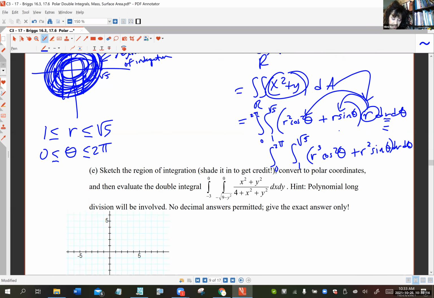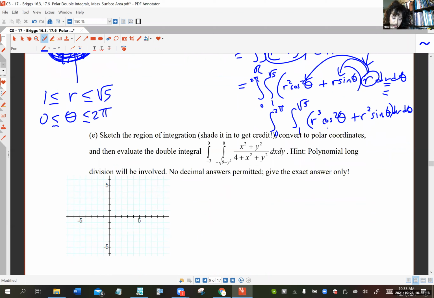Now we're ready to integrate this with respect to r. Keep in mind, we're keeping theta constant when we're integrating with respect to r. So the cos squared just looks like a constant multiple, and so does the sine theta. I'm going to put the cos squared off to the left, and then take the antiderivative of r cubed, which is r to the 4th over 4.